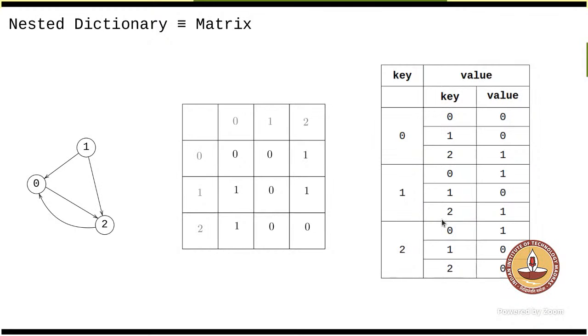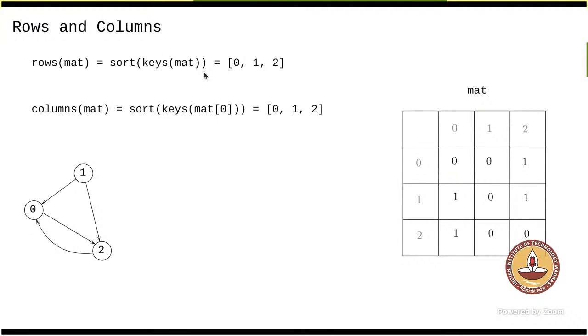In an adjacency matrix, it will always be a square matrix, so every row will have n columns associated with it, and there will be n rows. There are 3 rows here, and 3 columns associated with each row. Therefore, there will be 3 outer keys and 3 inner keys. So even though your code is changing from keys of mat to keys of mat of 0, it doesn't matter because you have the same number of keys in both cases.